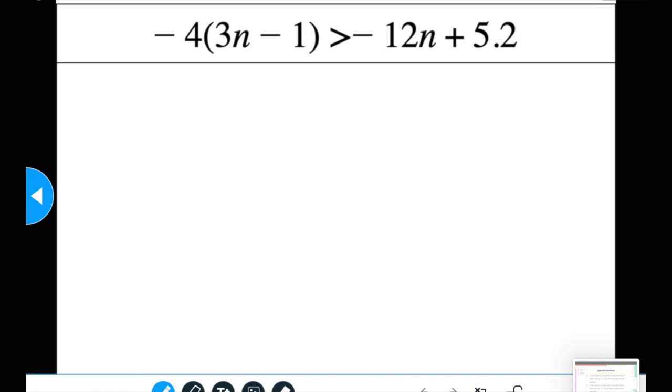Let's try out one more. So try this one out on your own. You have negative 4 parentheses 3n minus 1 is greater than negative 12n plus 5.2.